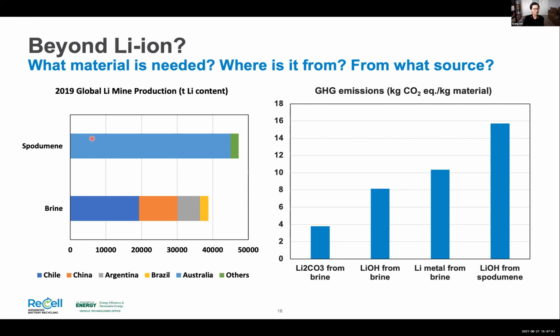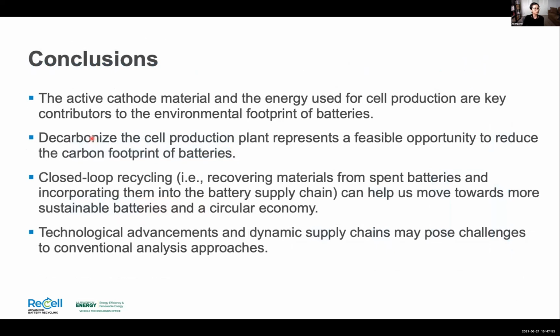and also the potential technology advancements, will pose some challenges to our currently static methodology of life cycle analysis. So to quickly sum up, we have identified that the active cathode material and the energy consumption used for cell production are notable contributors to the environmental impacts of batteries. We can either use renewable energy to power the cell production plant, which some of the battery manufacturers are also trying to explore.